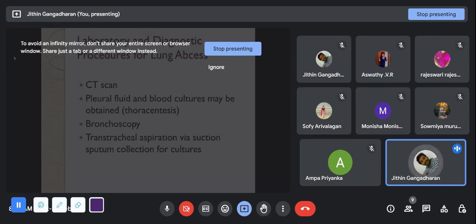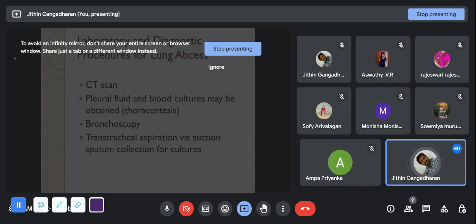What happens is that any bacteria which are only present in the mouth can also be present in the sputum when the patient collects it like that. So in order to be very specific, more vigilant, we'll take the transtracheal aspiration. That is one reason, to have a proper identification.